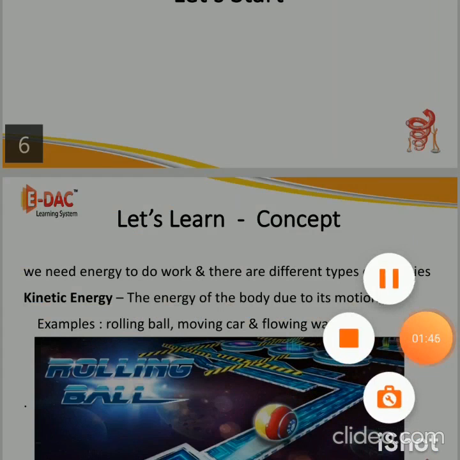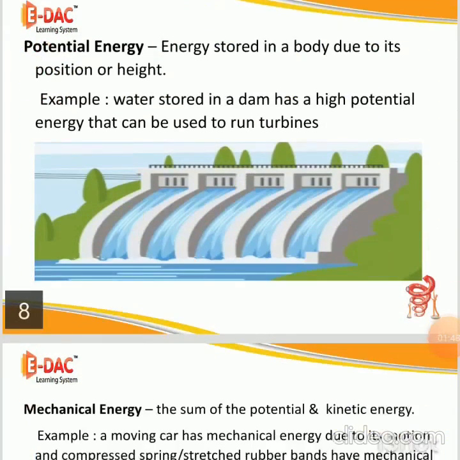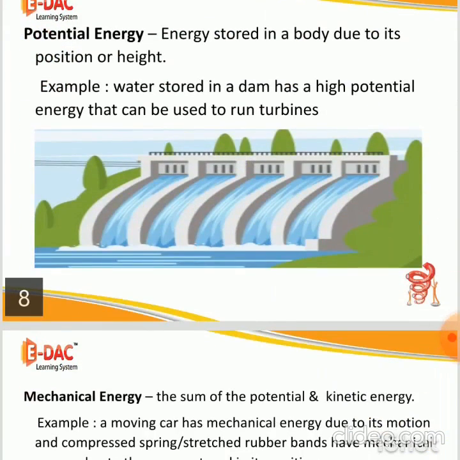Then we have potential energy. Now potential energy. Energy stored in a body due to its position or height is called potential energy. Example, water stored in a dam has a high potential energy. Why? Because of its position. How? Now I'll tell you.